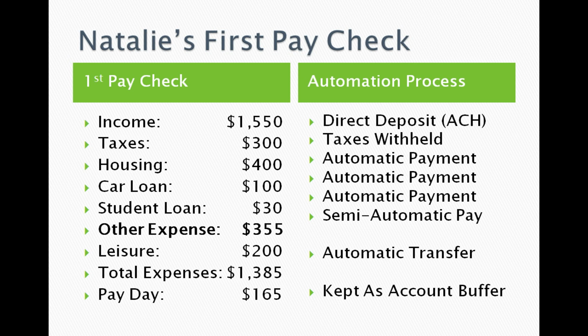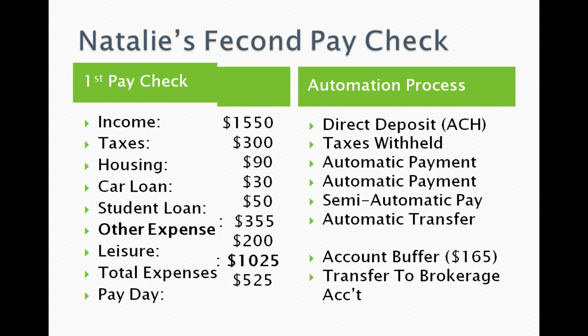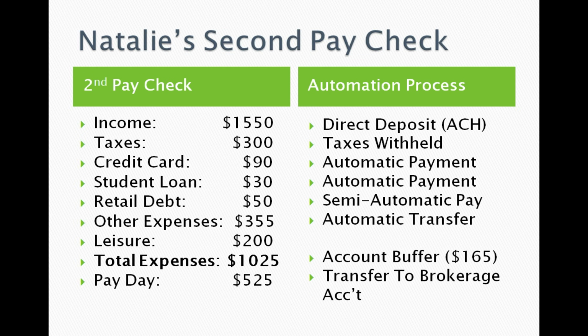And then we have a total at the bottom, so this is going to total $1,385, and that's going to leave us with a payday of $165. Next to that I have keep as an account buffer. We're not going to be entirely sure, anything can happen. So by having that account buffer, we always have some amount in the account so that it doesn't overdraft.